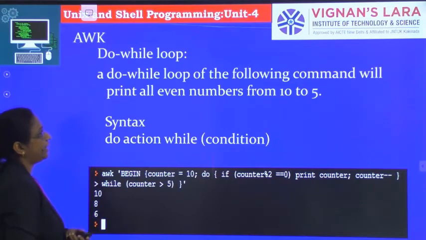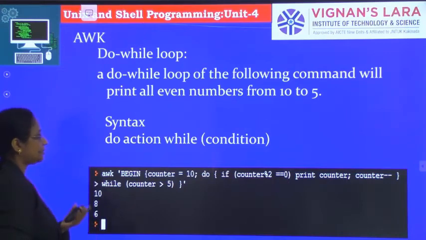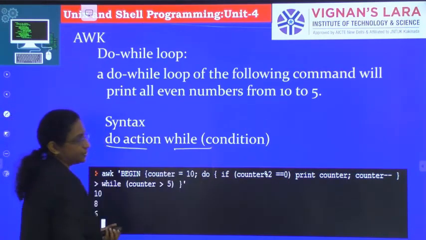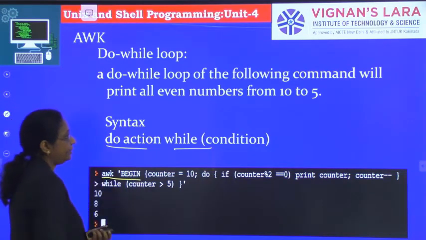A do while loop of the following command will print all even numbers from 10 to 5. The syntax is do action while condition.